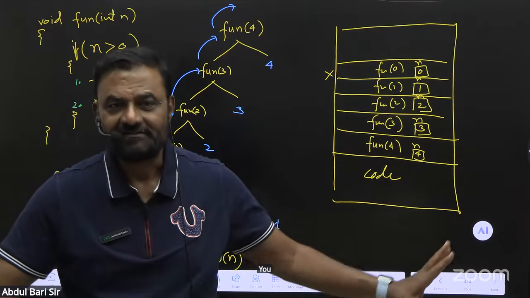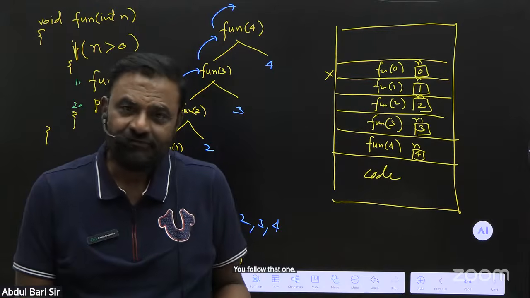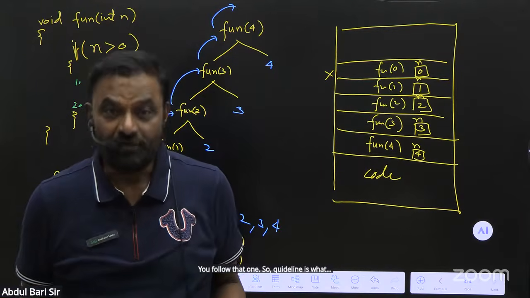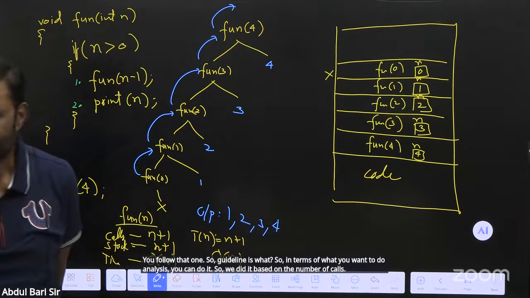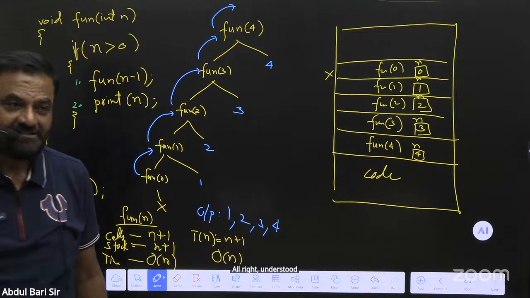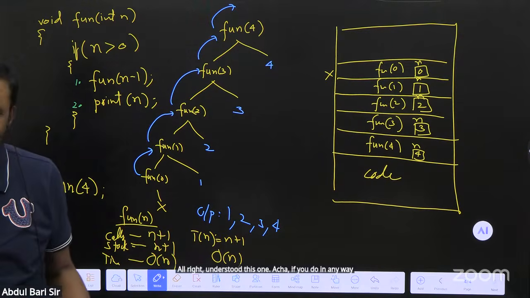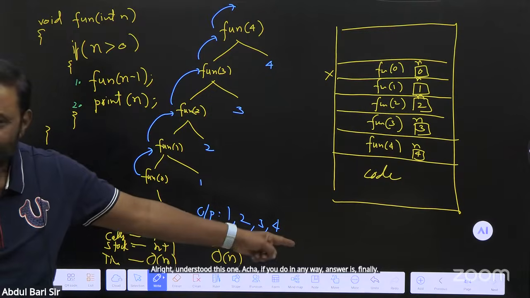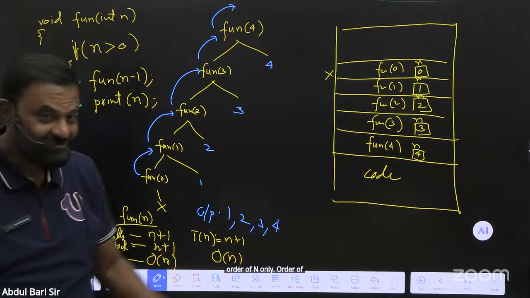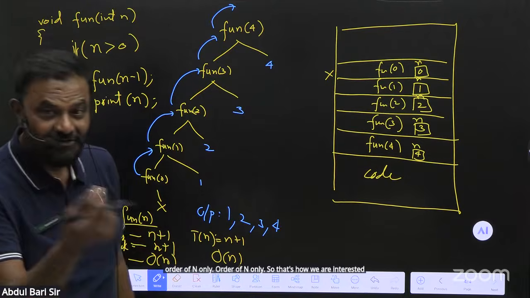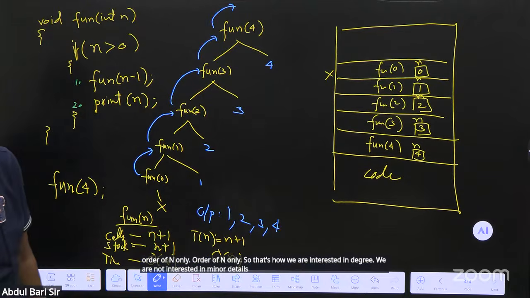In terms of what you want to analyze, you can do it. We did it based on the number of calls. All right, understood this one? If you do it in any way, the answer is finally order of n only. That's why we are interested in the degree. We are not interested in minor details.